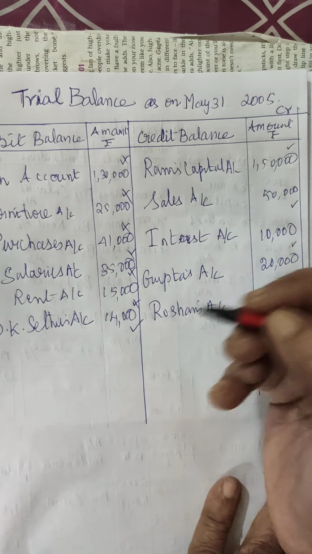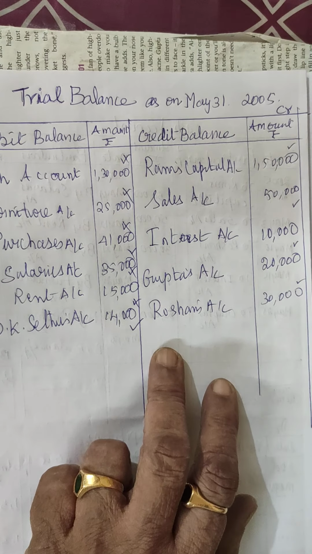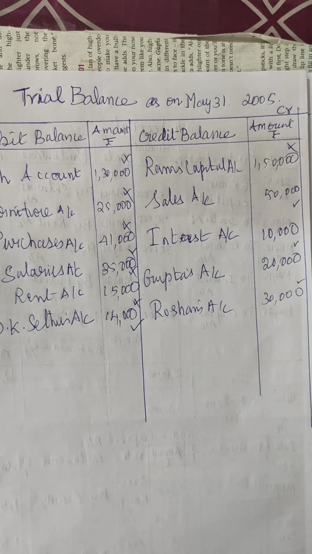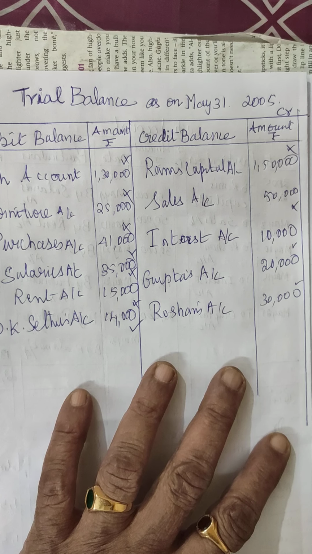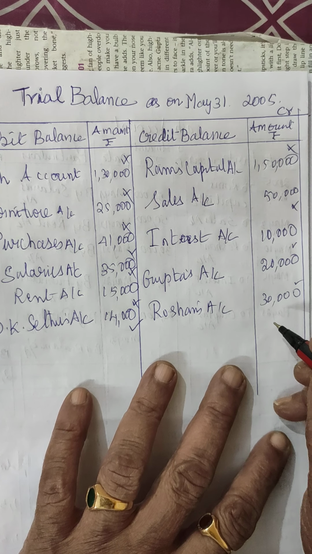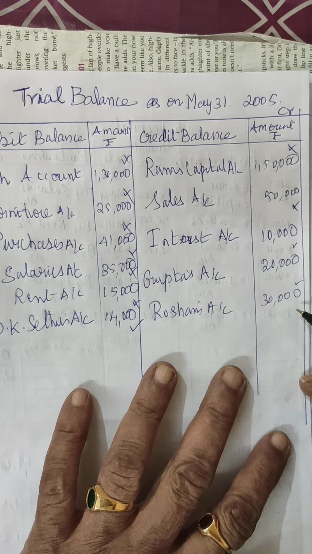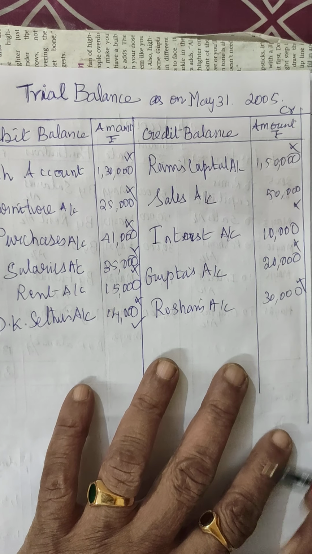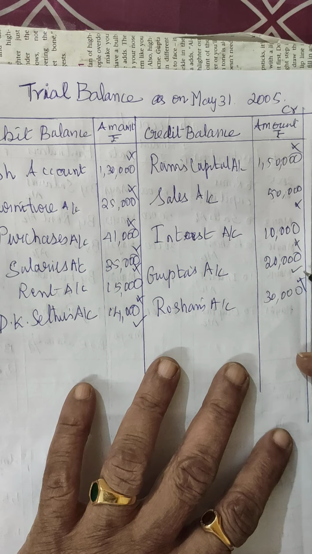So we have entered almost all the accounts on the debit side. Credit side: Ram's capital account 1,50,000, sales account 50,000, then Roshan's account 30,000, interest account 10,000, Gupta's account 20,000.